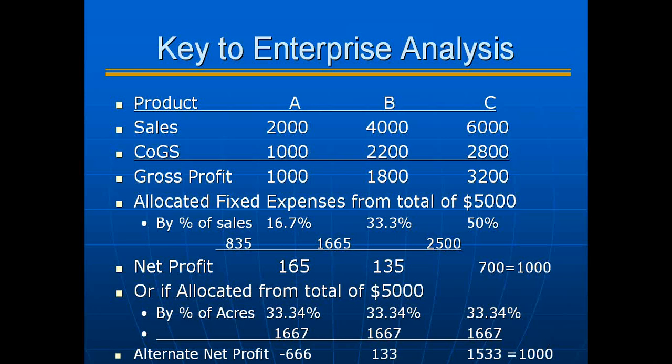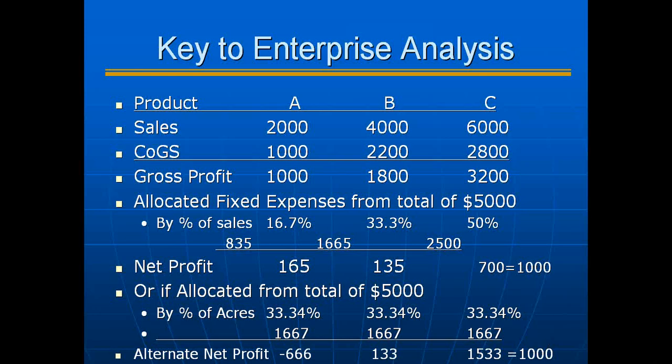But if we allocate by percentage of acres, I've put 1/3, 1/3, 1/3 here as the acreage, and we can see that in that alternative analysis, we're losing money on the asparagus, and in both ways we're making the most money on the carrots.